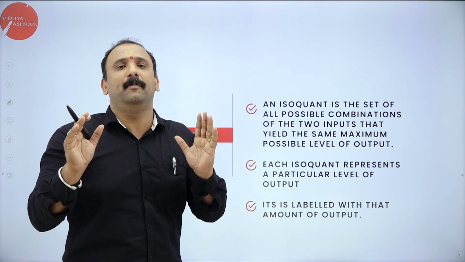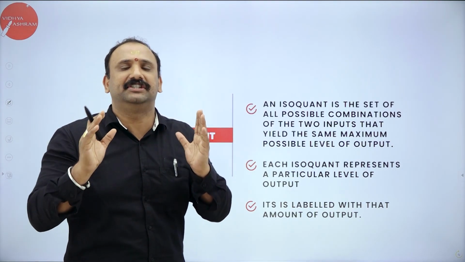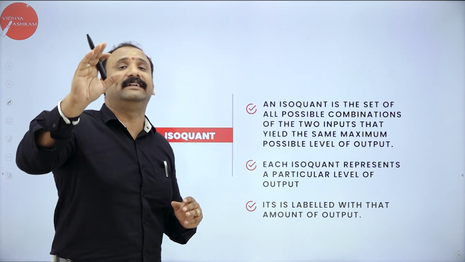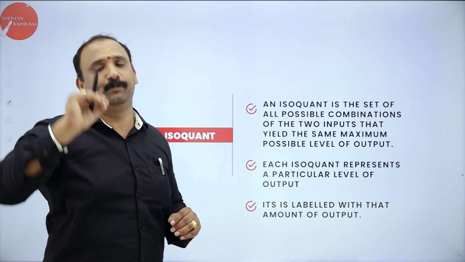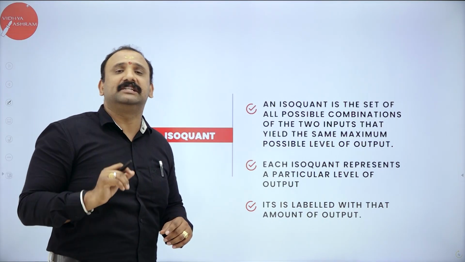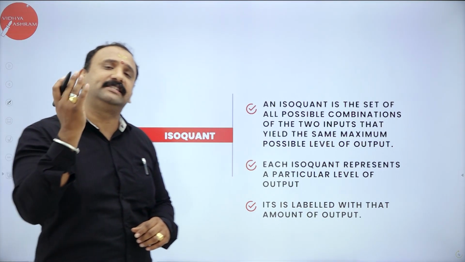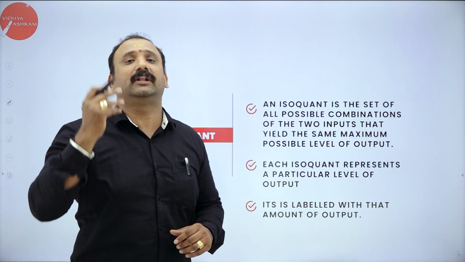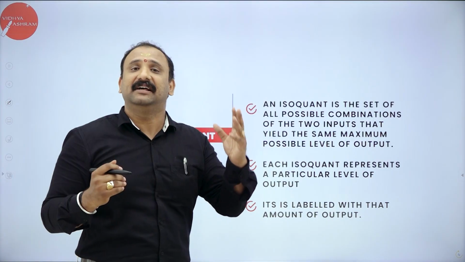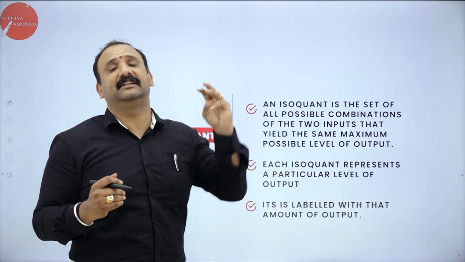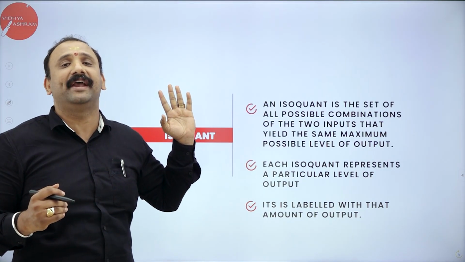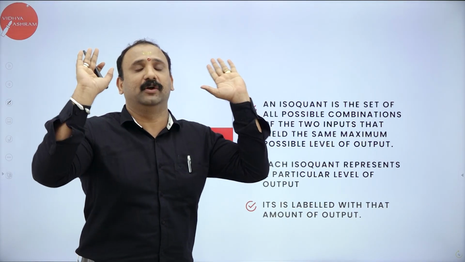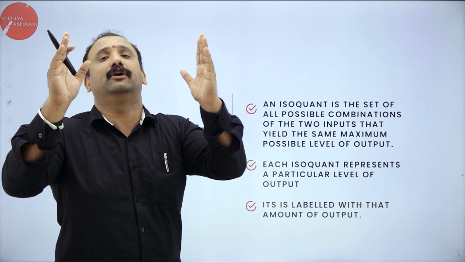Similarly, in economics, we have certain terminologies, we have certain ideologies through which we can attain the maximum output. But to attain this maximum output, there are certain factors that we have to keep in our mind. What are those factors? Land, labor, and capital. These are the three factors that are always important and included when it comes to any kind of production.